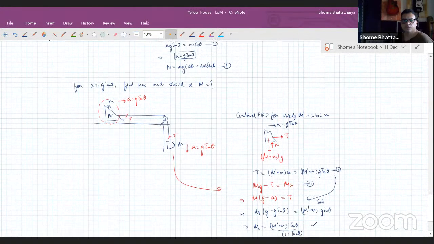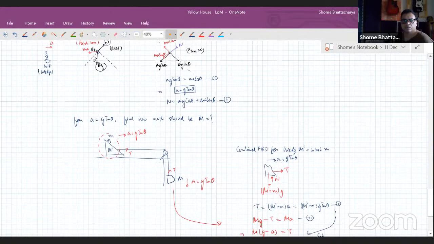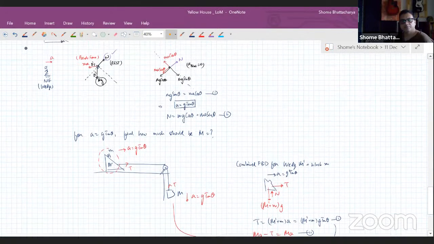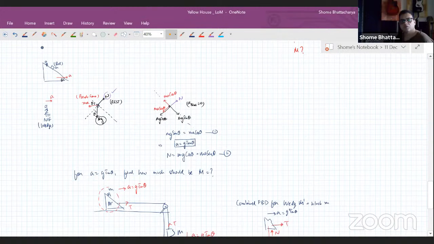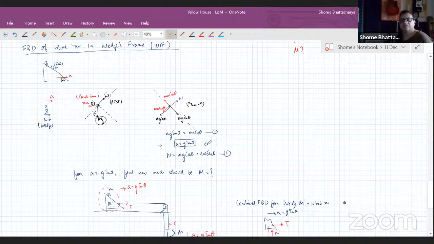So first of all, make sure you understand this thing, that the free body diagram of the small block, okay, in the wedge's frame, that is in the non-inertial frame of the wedge M prime, and from that how we are getting the acceleration as g tan theta.